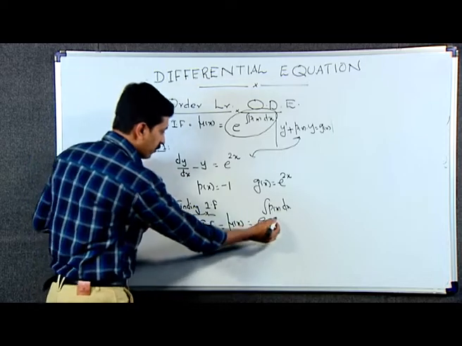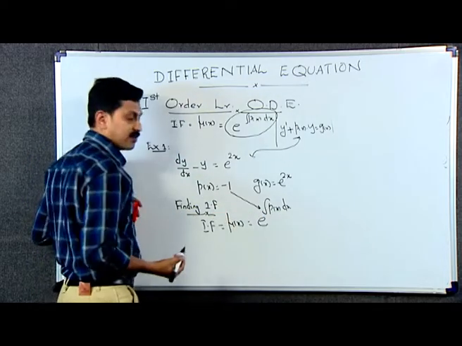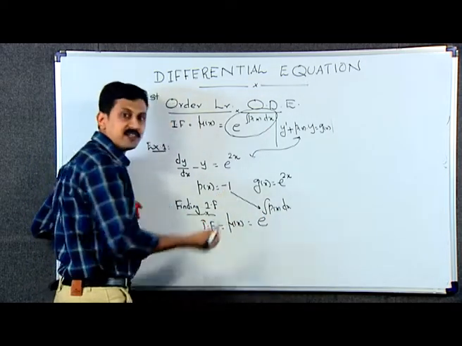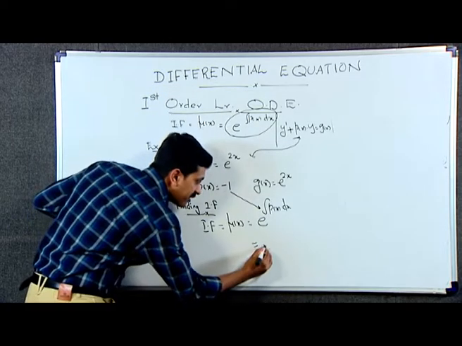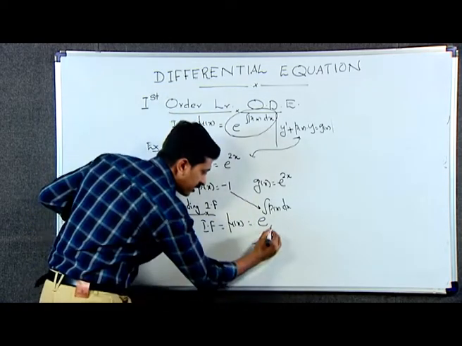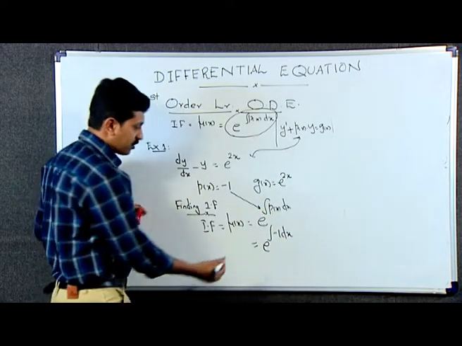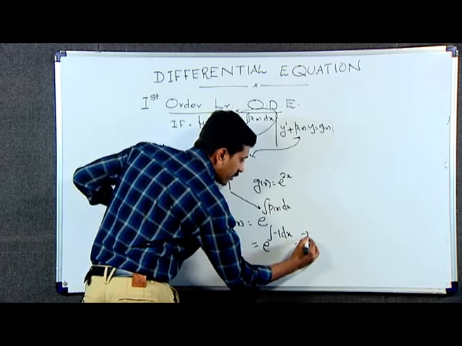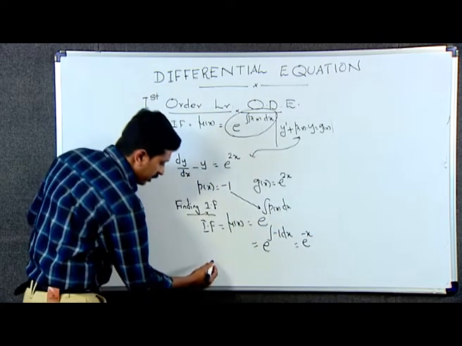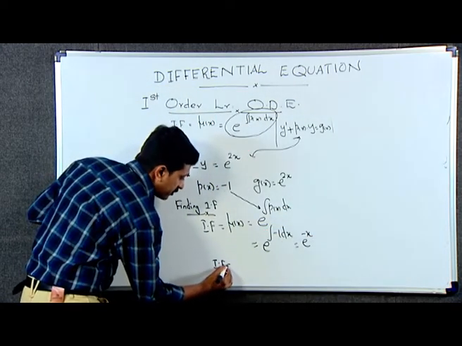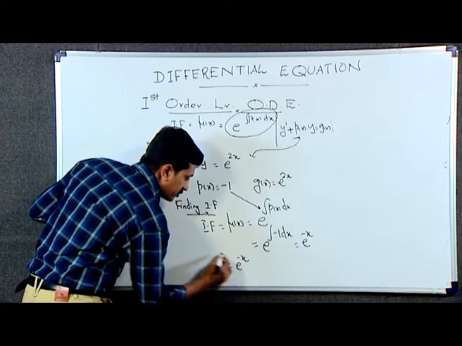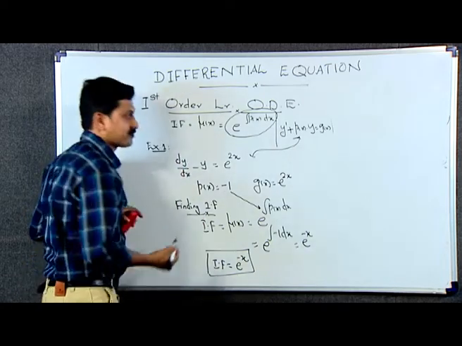We have the value of p of x as minus 1, so we apply it here. We have e raised to integral of minus 1 dx, that is equal to e raised to minus x. So, the integrating factor is equal to e raised to minus x.